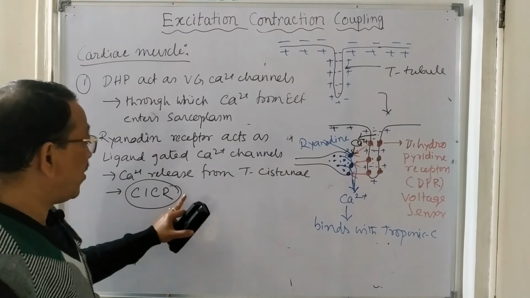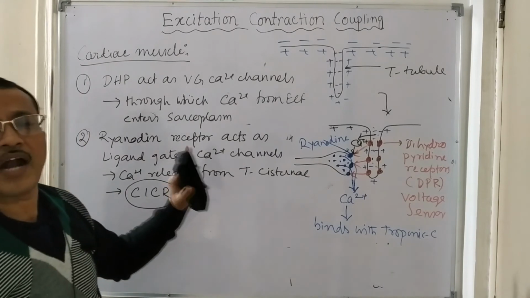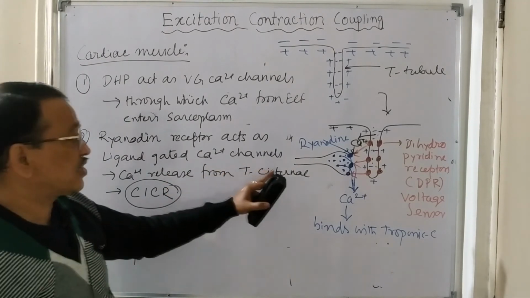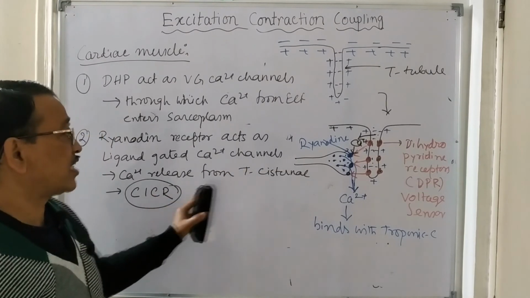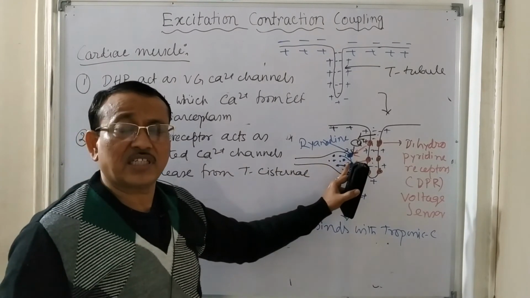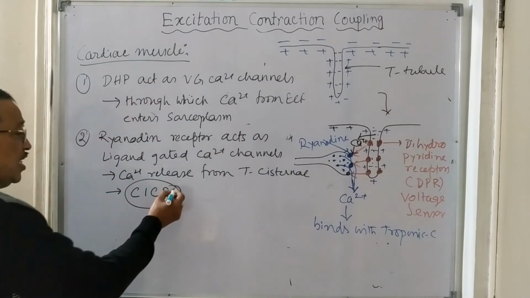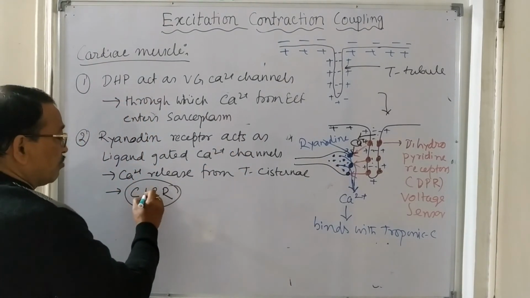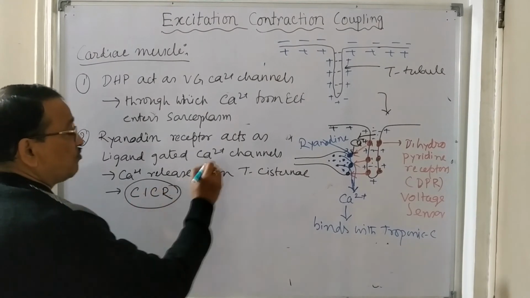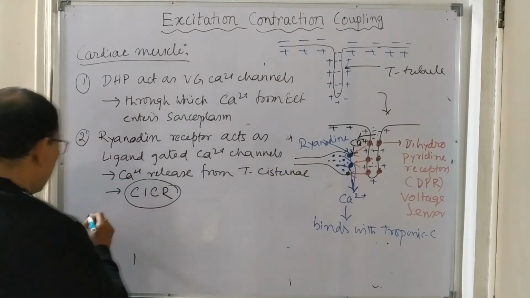In skeletal muscle, calcium induced calcium release is not that significant. But in cardiac muscle, this CICR is very, very significant.